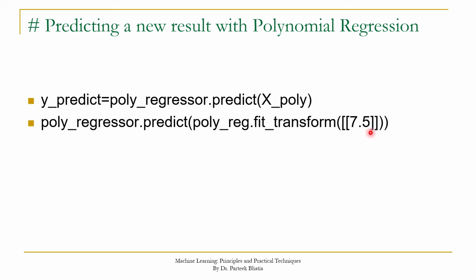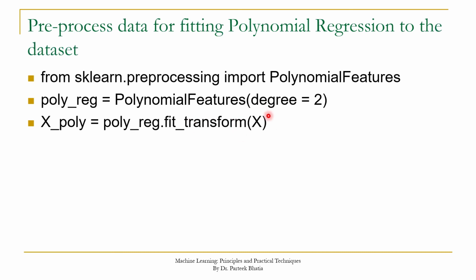So you can see that here we are first converting this 7.5 into polynomial form by using the fit_transform method of this poly_reg object, which we have created by using the PolynomialFeatures class, and this fit_transform method will pre-process the value of the passed attribute up to degree 2.